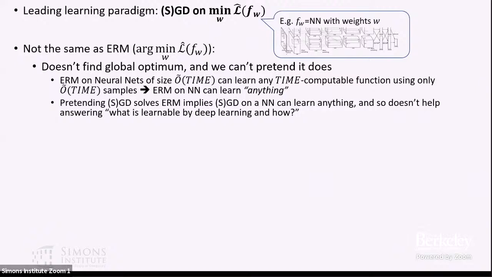But the other reason this is very different from ERM is that while it's weaker than actually doing ERM, in some sense it's also stronger. We know that in many cases we can effectively learn with gradient descent on models where training them with ERM doesn't make any sense. Over-parameterized models, many of the models we use, have many, many more parameters than training points. For such a model, just doing ERM is not a good learning rule.